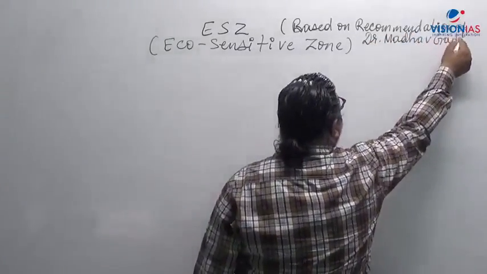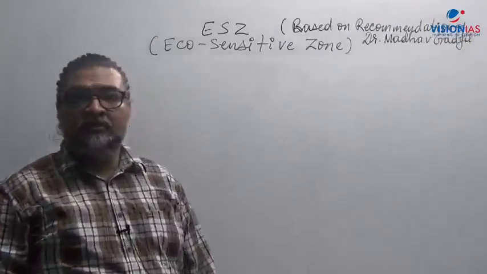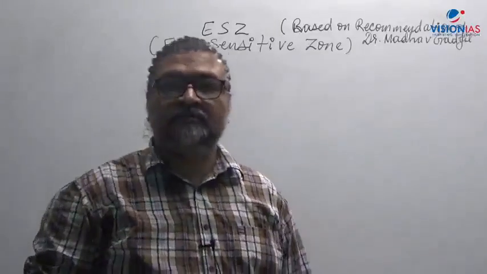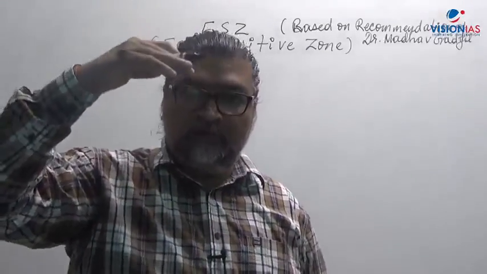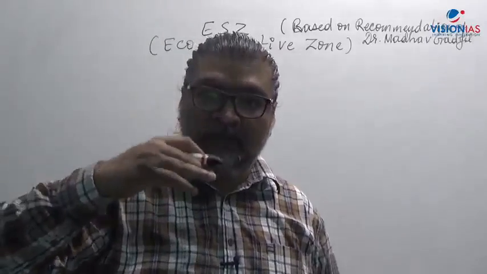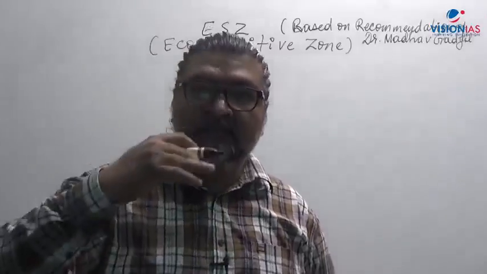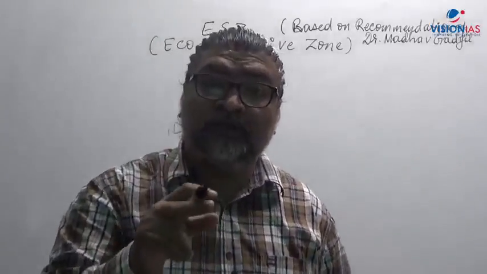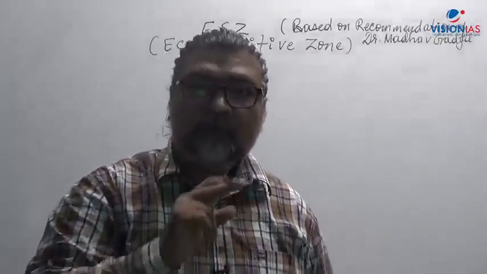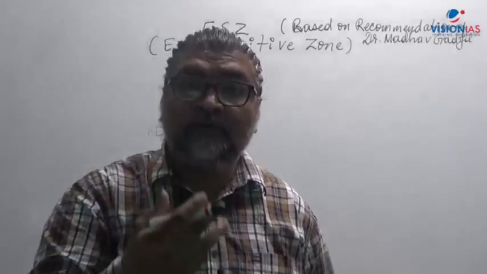Dr. Madhav Gadgil is an eminent ecologist of India who was given the task to study the Western Ghats. The Western Ghats of India start from the border of Gujarat, Maharashtra, Goa, Karnataka, Tamil Nadu, Kerala. Six states are there. For that, Dr. Madhav Gadgil's report was reviewed by Dr. Kasturirangan on the protection of Western Ghat, and Dr. Madhav Gadgil came out with this concept of ESZ.